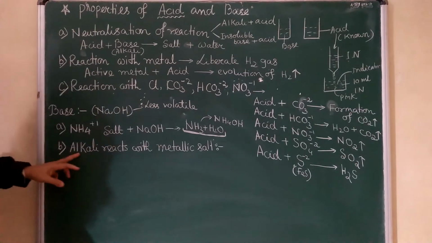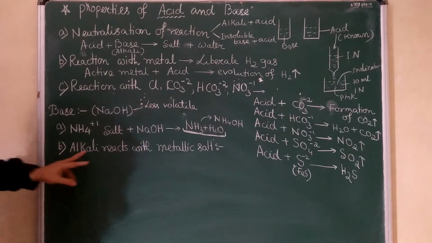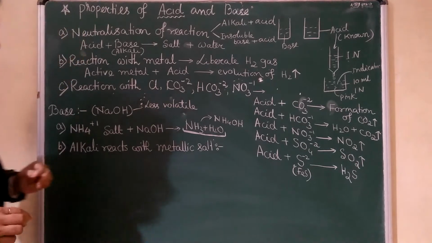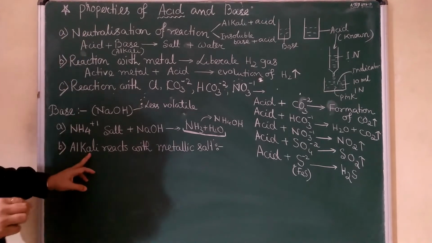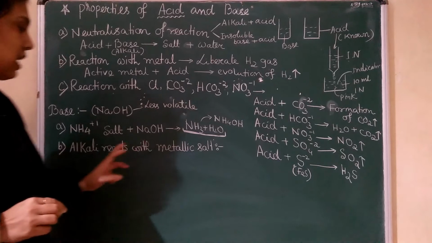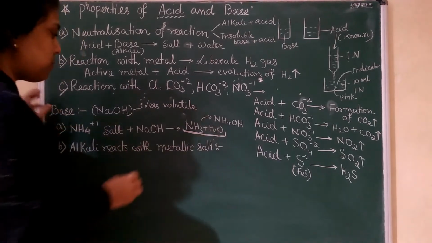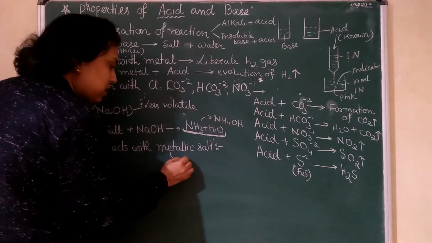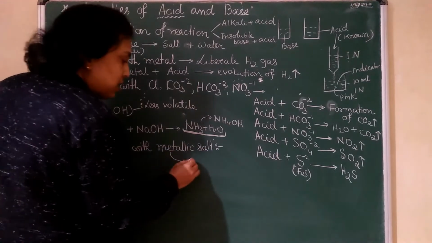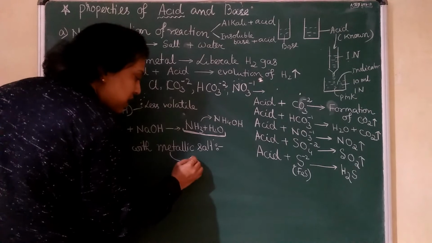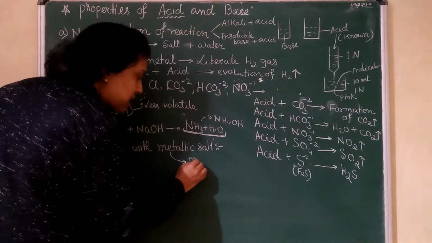And the last one is alkali when it reacts with a metallic salt. We have seen the preparation also: when alkali reacts with a metallic salt, the metal liberated will be precipitated out.